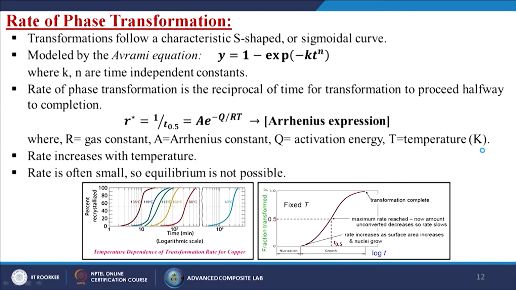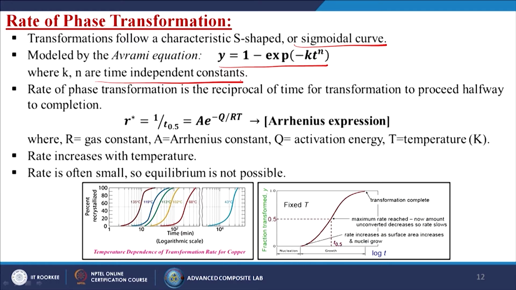So, transformations follow a characteristic S shaped, or maybe sigmoidal, curve. It is modeled by the Avrami equation, which is y equal to 1 minus exponential of minus k t to the power n, where k and n are time independent constants.